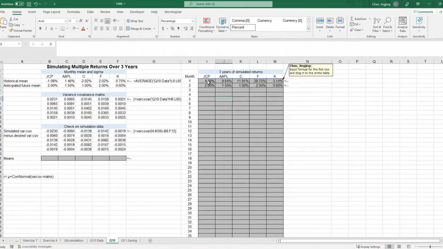You can see that it has one more line here, which equals the anticipated future mean. We want to get rid of this redundant row.